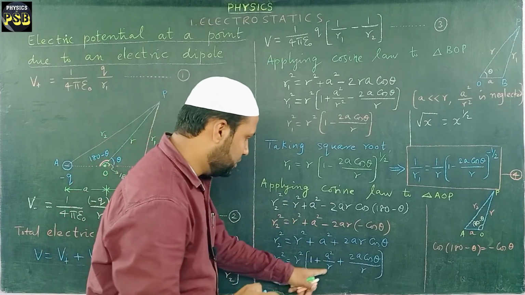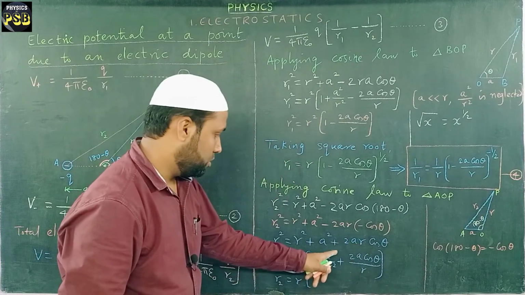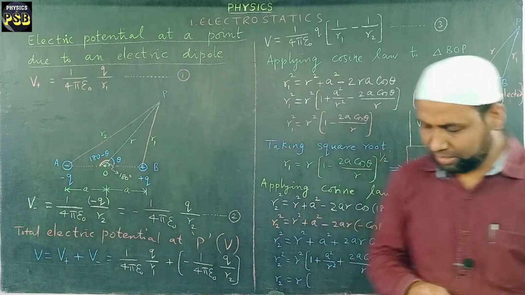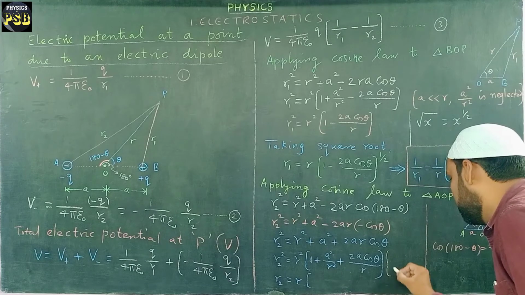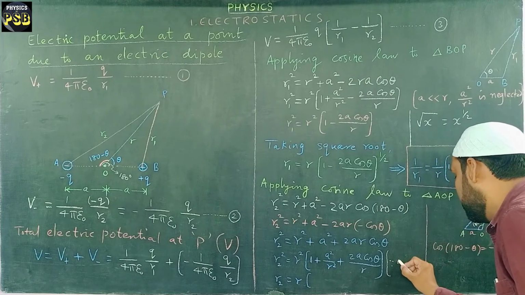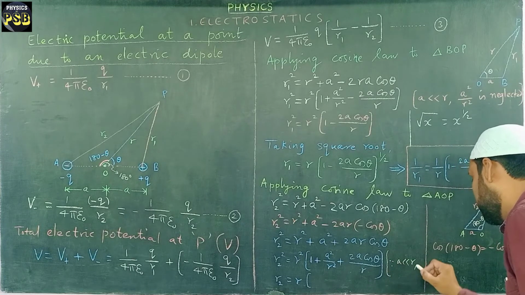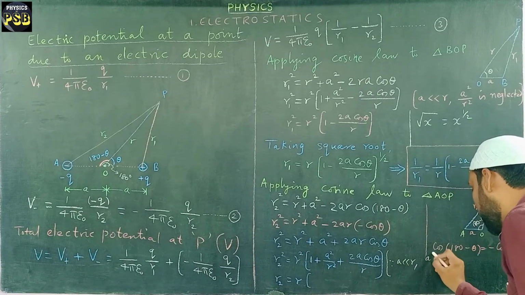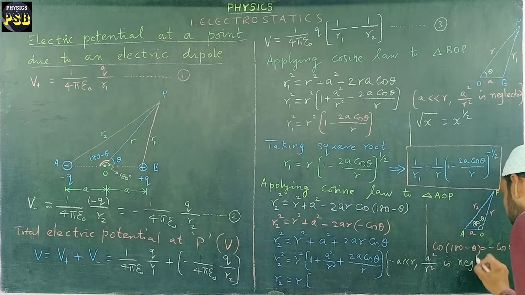I neglect this part, a square upon r square, since a is very small compared to r.